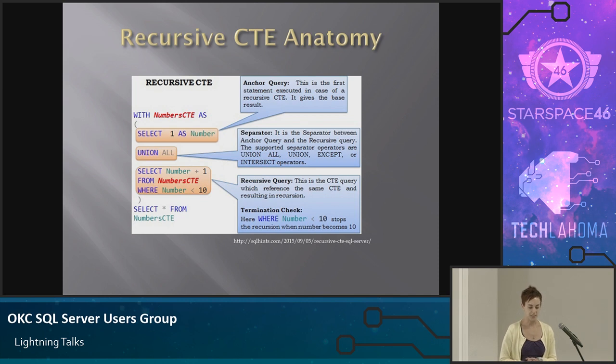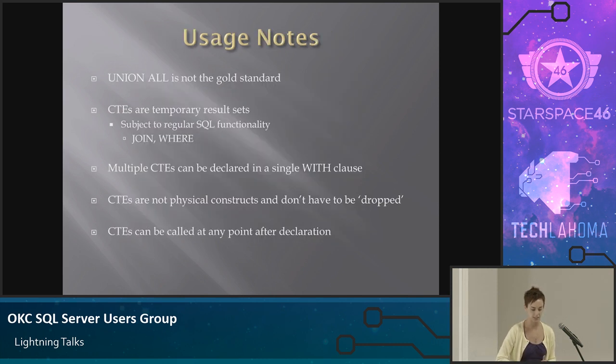Aside from the strange way that you start writing a common table expression, this looks pretty familiar. Let's ignore everything below the union for right now and briefly move on to the next slide. This is pretty well subject to regular SQL functionality.